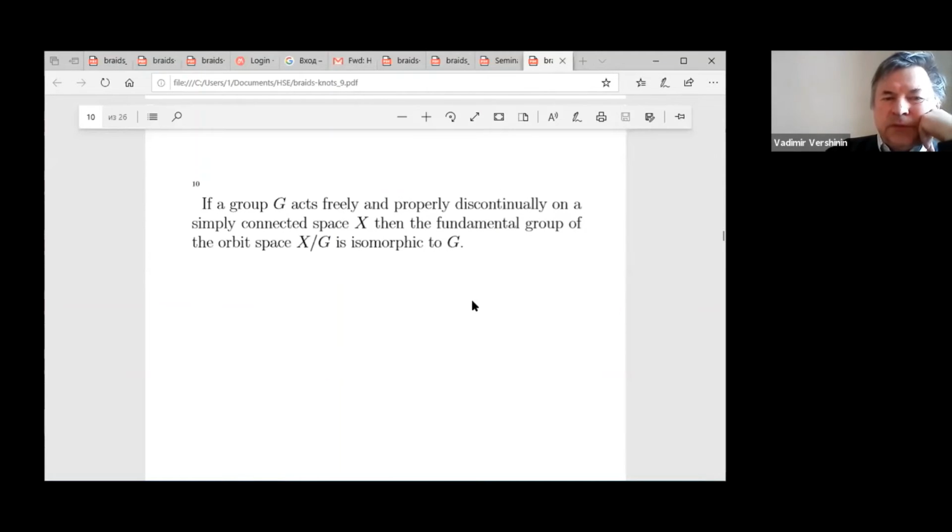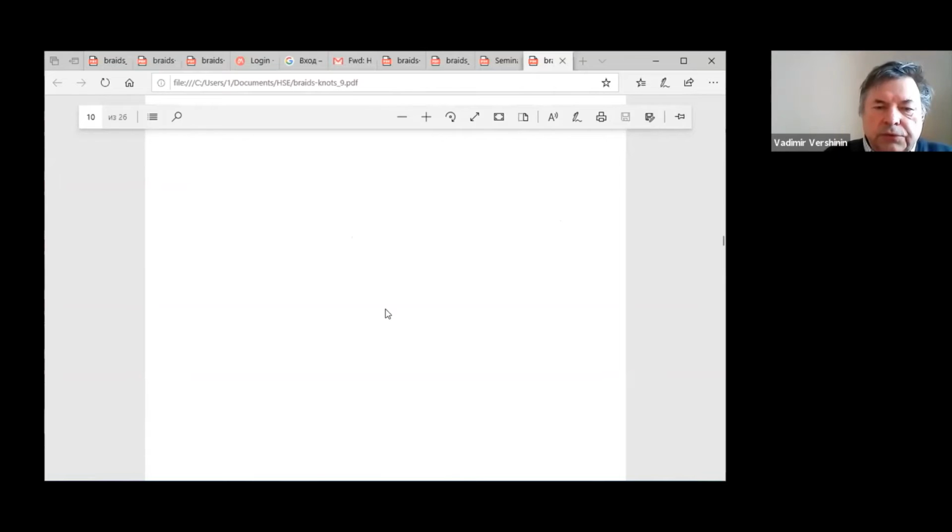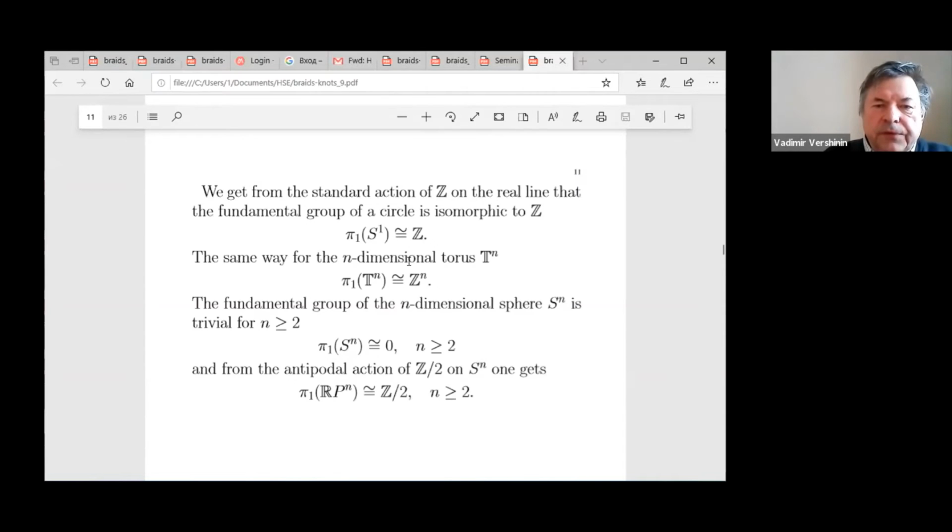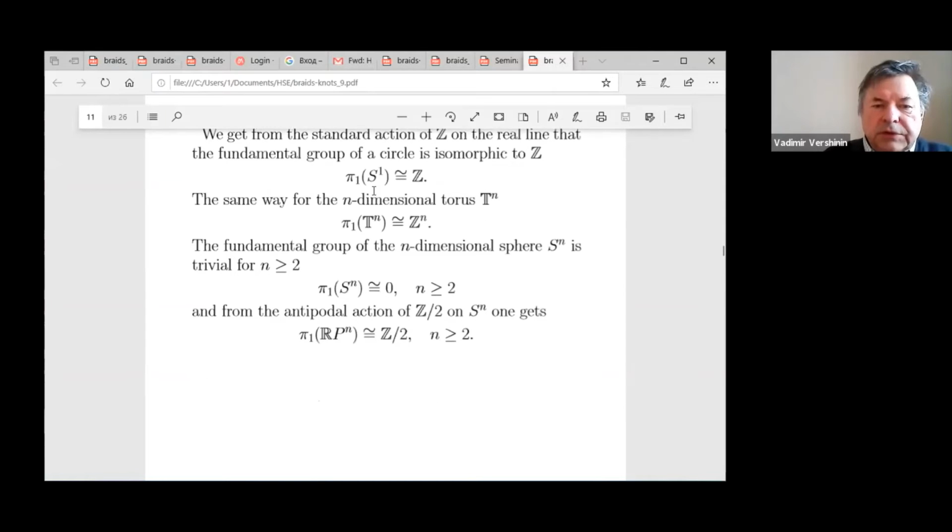So if you have a group, say G, a discrete group, and it acts, then the fundamental group is isomorphic to G. So maybe this will be our example, and then our torus example. Let us consider the construction that we have.